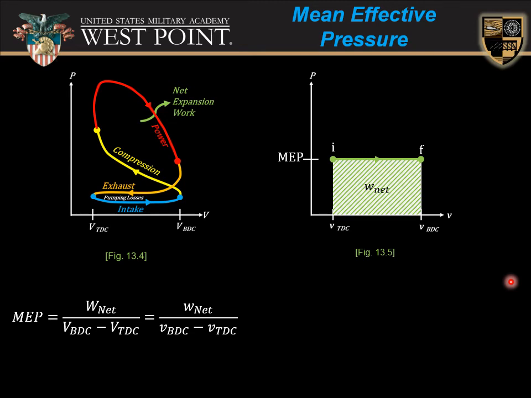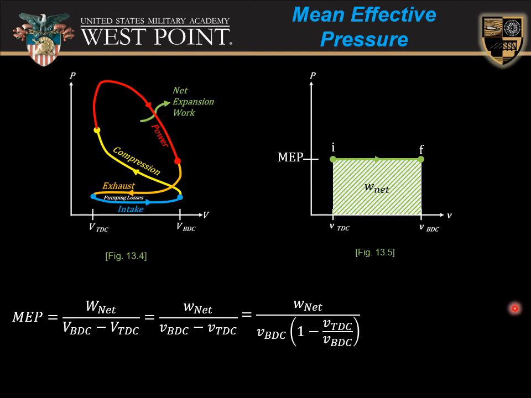In order to compute that, the mean effective pressure would be the net work divided by the difference between the volume at the bottom dead center and the volume at the top dead center. So the maximum volume minus the minimum volume. Okay, you would agree that if I divided everything by mass, I could rewrite that as my specific net work and my specific volumes at bottom dead center and top dead center.